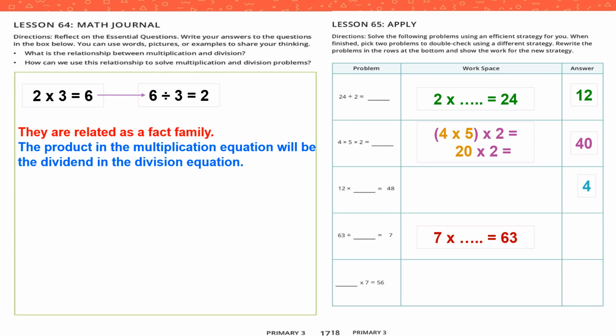Give me 7. 6 divided by what? From table 7. It's like 7 times what? Give me 36. 9, yes. What times 6? What times 7? Give me 56. 8, yes, from table 7.